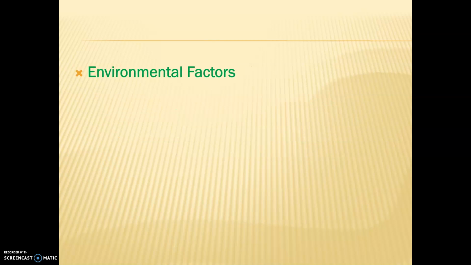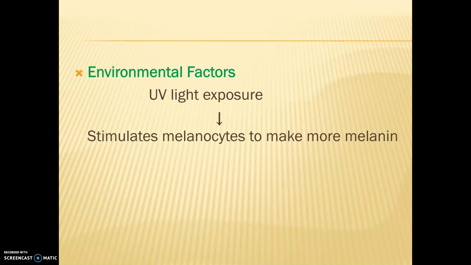Another factor that plays into skin color is environmental factors. This includes UV light exposure mostly. The more contact you have with the sun's UV light is going to determine how dark or light your skin is going to be.